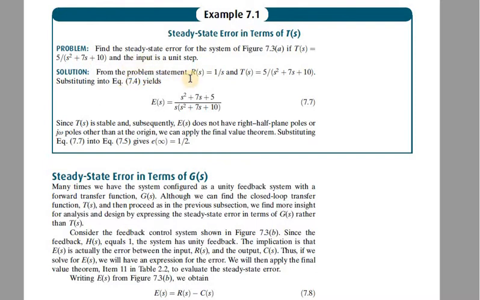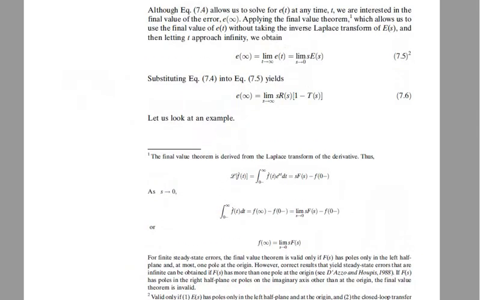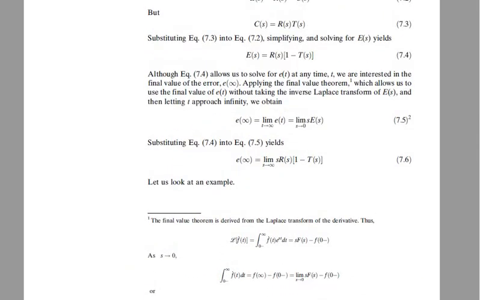For a unit step, we can write R of S as 1 over S because this is the Laplace transform of a unit step, and this is a closed loop system. Now to calculate the error, we use equation 7.4, E of S equal to R of S times 1 minus T of S. So plug in the T of S value here, and 1 over S for R of S.